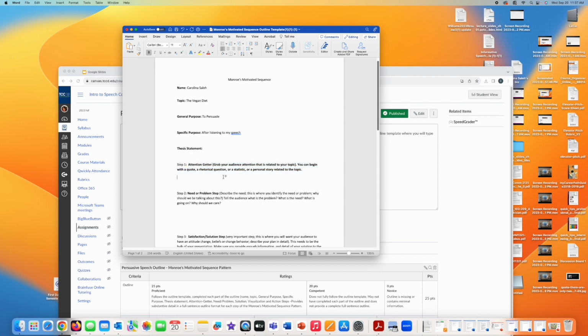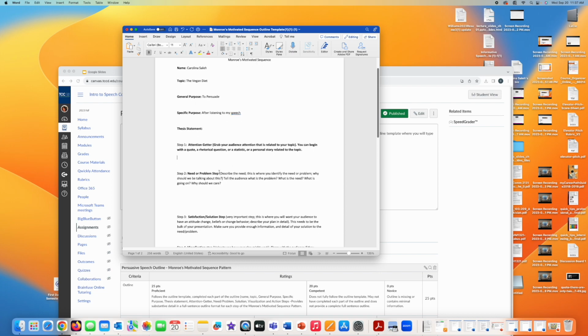Remember, this should be a full sentence outline, detailed, and I will show you an example of a student who did an excellent job and wrote in detail all the information of each step of the Monroe's motivated sequence pattern. So again, you will delete my instructions and include your information for each step.